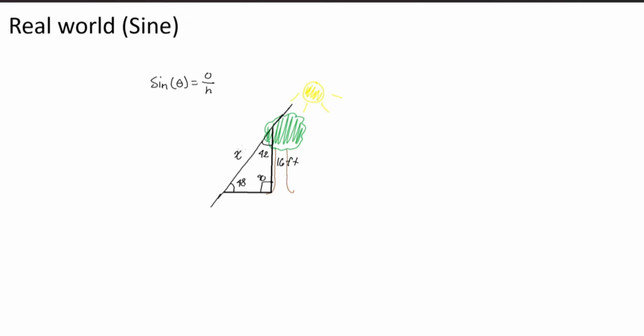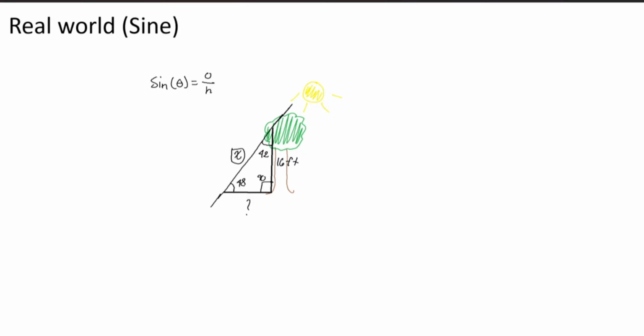So we're going to solve for x. Well, how would we set this up? We have three angles. We have one known side and one unknown side. Now, we could get the sine of 42, but we don't know this opposite side here. This is a mystery. But we do know that this side is 16, and we don't know this hypotenuse.